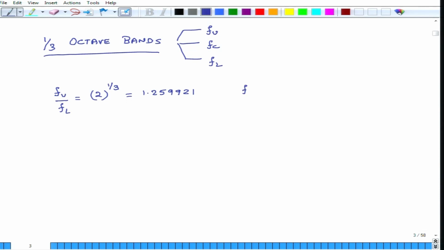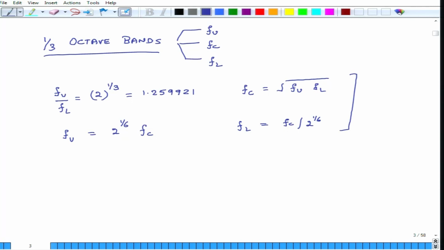Your central frequency is still the geometric mean, so it is the square root of Fu times FL. It is not an arithmetic mean of the upper and lower frequencies. Fu equals 2 to the power of 1 over 6 times the central frequency, and the lower frequency is Fc divided by 2 to the power of 1 over 6.